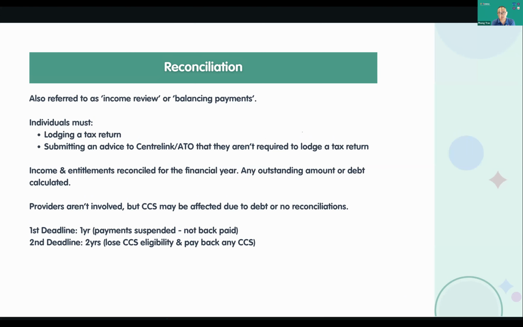Now, in terms of the process itself, reconciliation occurs between the individual and Centrelink. You are not involved as providers or educators in this case. Specifically for providers, the only thing you should be aware of is that CCS payments may change for those families. This typically happens around the July, August period, which is when balancing usually occurs.